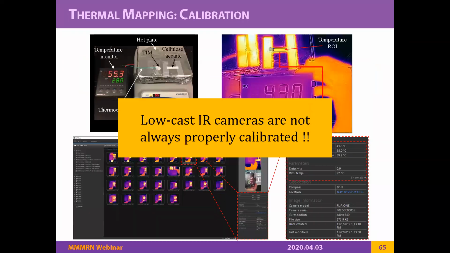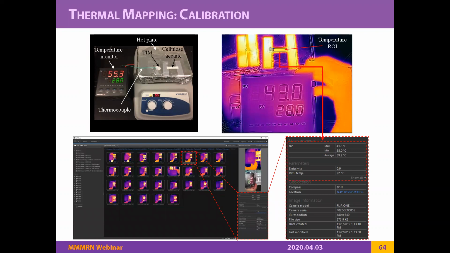Exactly, so that's what we talked about here. This is a reading that we get if we just analyze the result here, right? Yes. So we didn't take this result for granted. What we did here, we heated the cellulosic paper at different temperatures, the temperatures you see here, and then we took thermal images of the heated paper.